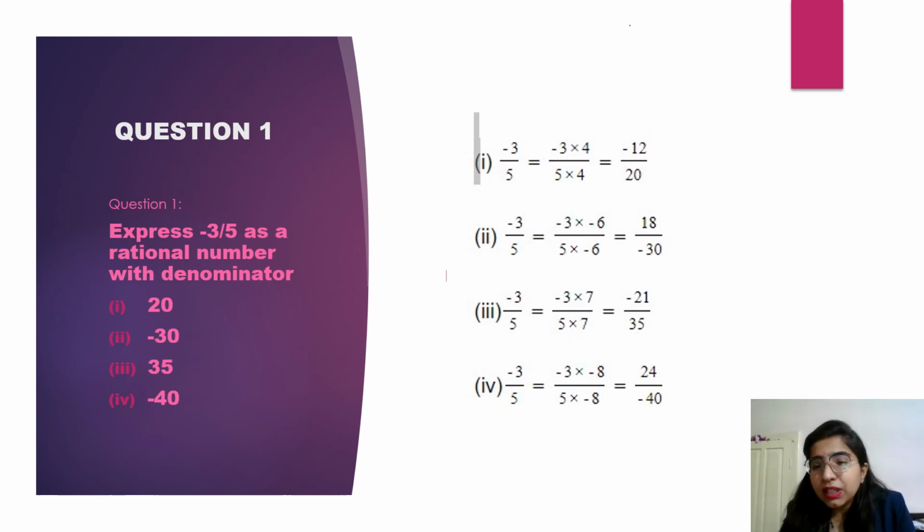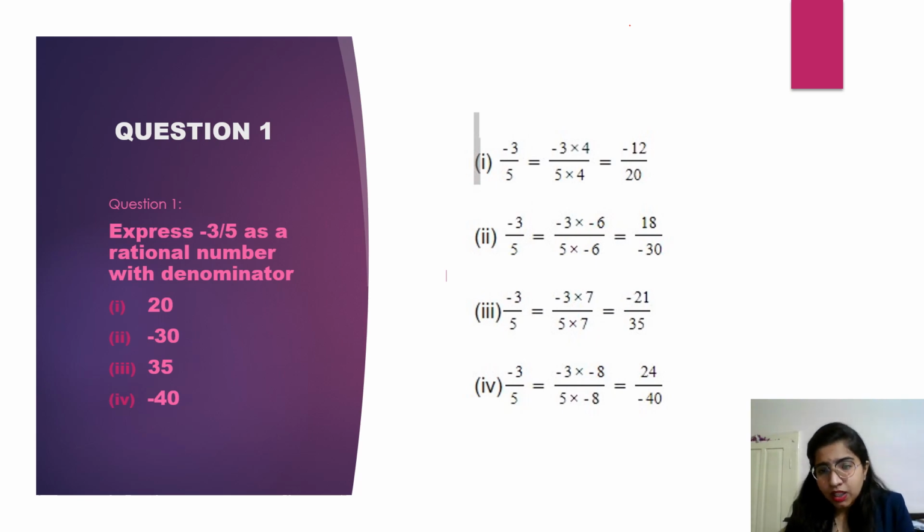But the number is minus 3 upon 5. If you are multiplying 5 with 4, you have to multiply minus 3 also with 4. If you are multiplying the denominator with any number, then you have to multiply the numerator also with the same number.